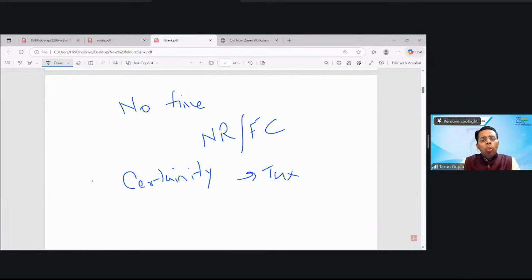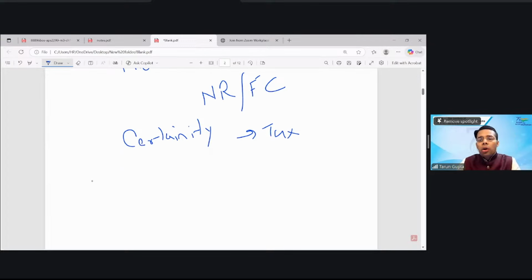We studied in the first class, in the return of income as well, that the government wants to help non-resident foreign companies by reducing compliances. So on that path, the government brought in the concept of DRP.